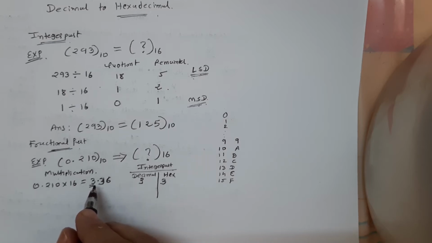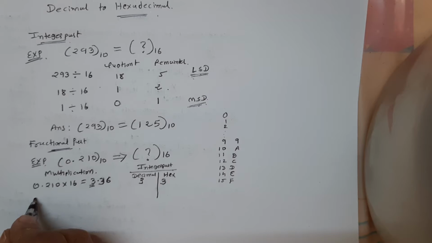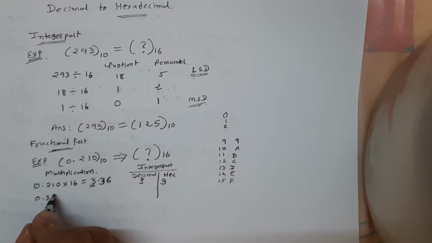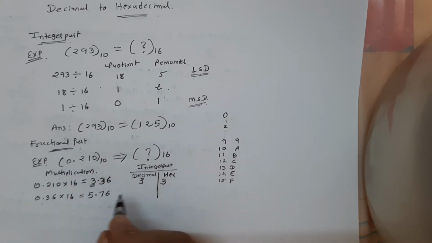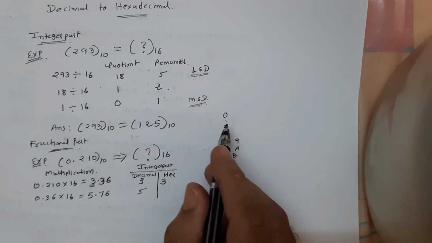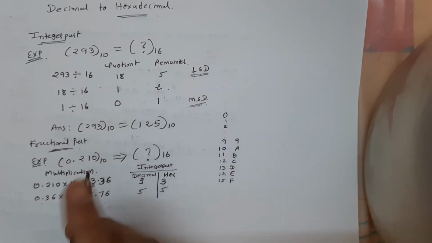Now this 0.136 is multiplied by 16, it is equal to 2.176. What is your decimal number here? 2. What is your hexa? It is not more than 9, so hexa is also 2.